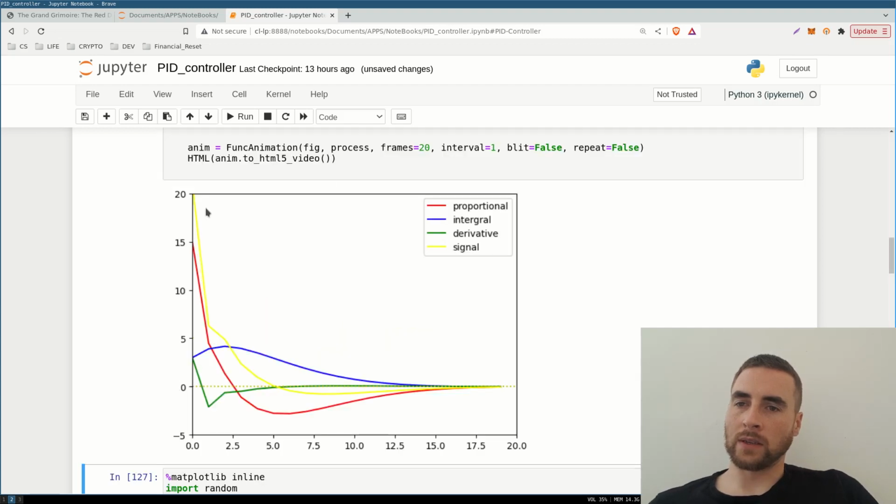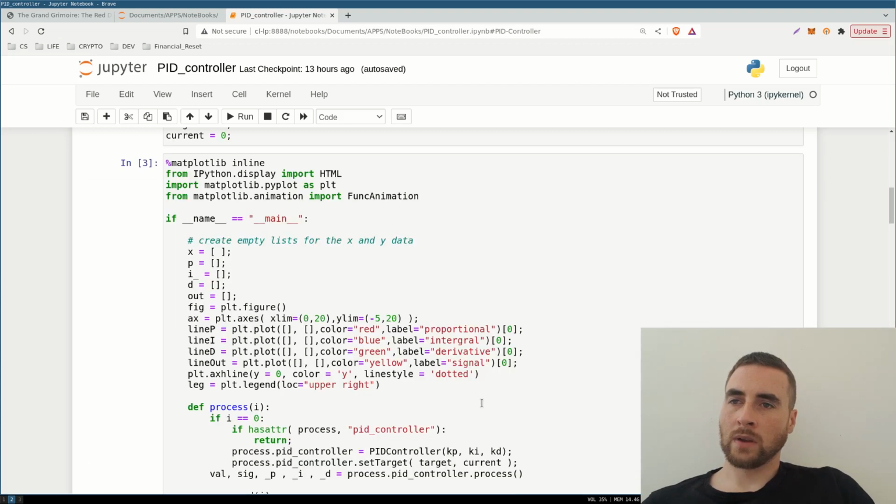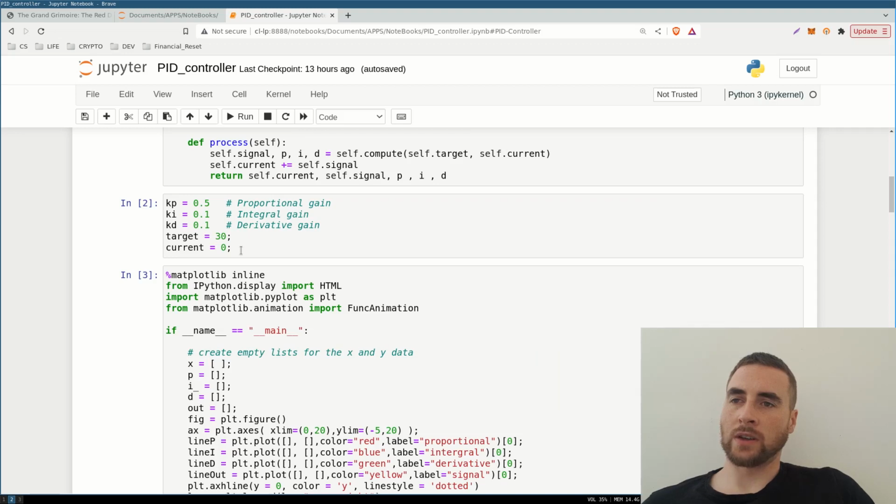So here the yellow is the control signal, the red is the proportional part, the blue is the integral, and the green is the derivative. So my target value is 30 and my current value is 0.